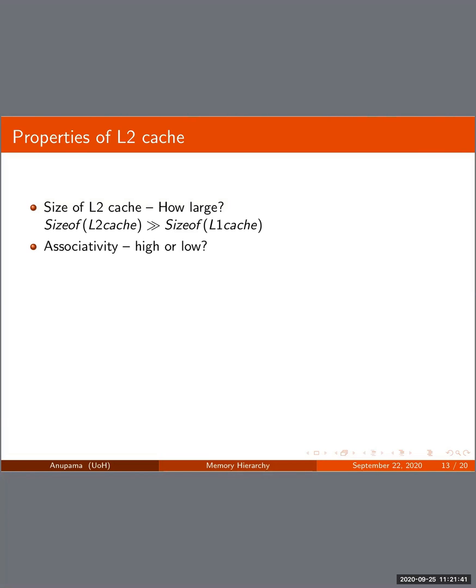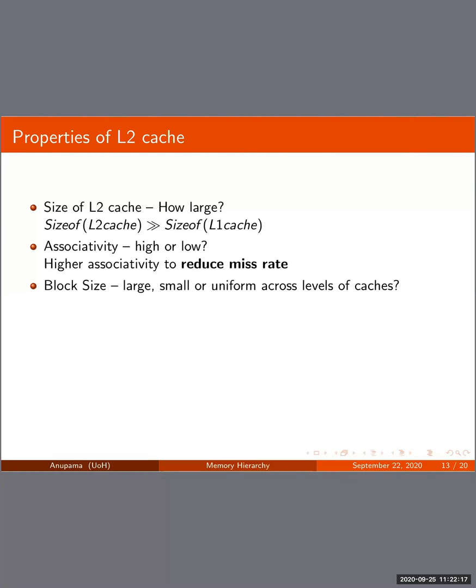L1 should have low associativity so that it has less hit time, and L2 should have high associativity to have low miss rate. Exactly. Because we have already said what the requirements are. The requirements are good hit time for L1 and low miss rate for L2. We know that as you increase associativity, your hit time increases, miss rate decreases. Therefore, for L1, use a low associativity, and for L2, use a higher associativity. Okay, makes sense, right?